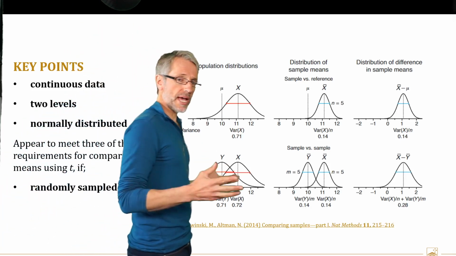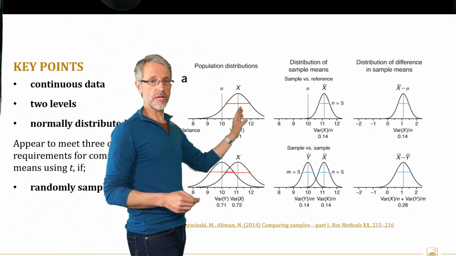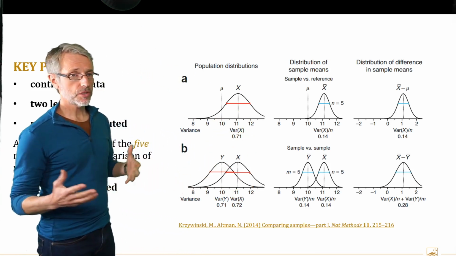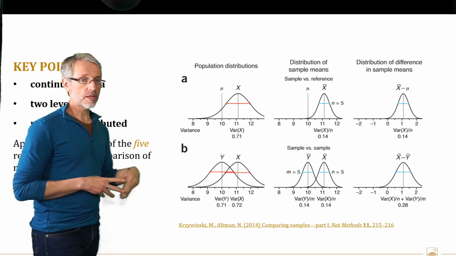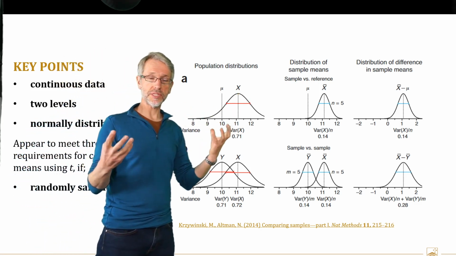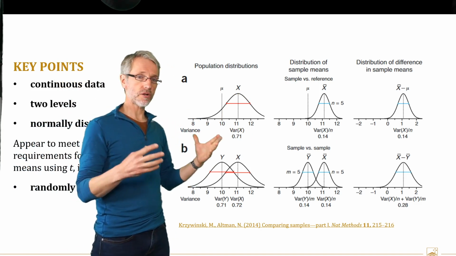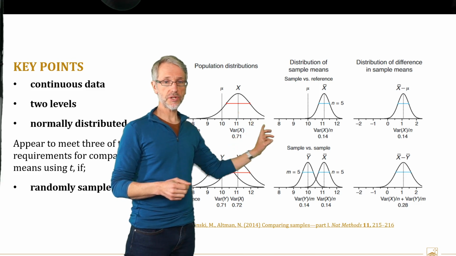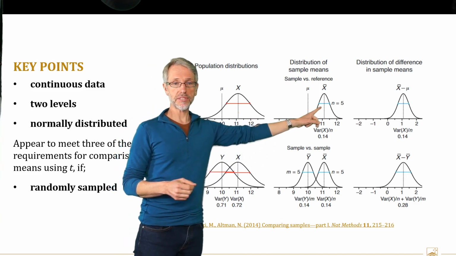Okay, so we looked at this first example here, where we compare a single sample to a population mean. We calculate our sample mean, we use the sample data to generate a confidence interval. We start with our standard deviation, we calculate a standard error.